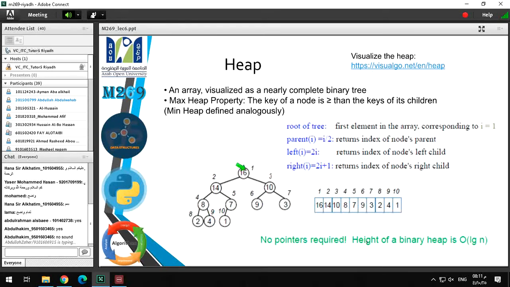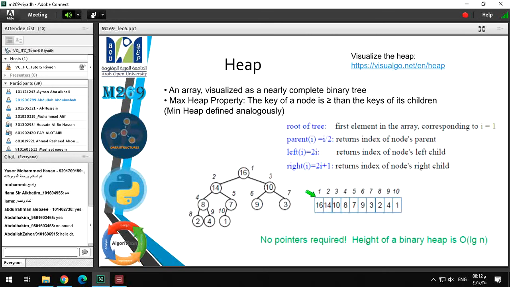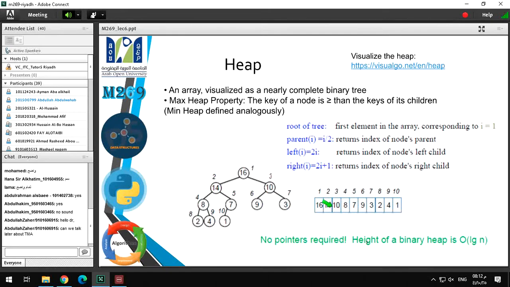So that is the root of the tree, which is the first element, as you can see here in the array. This is the visualization of the heap tree, but how does it look in memory? In memory, it is like this. It is 16, the first element. Then we go to the left node, which is 14, and then 10 on the right side, number 3, and then we go back again to the left side.